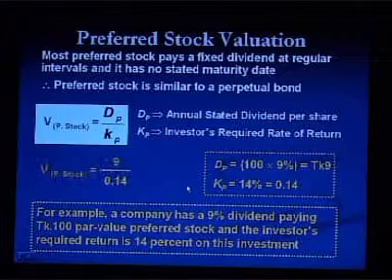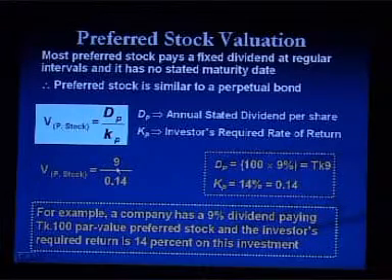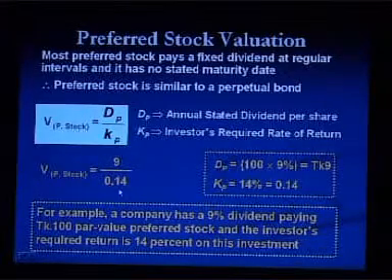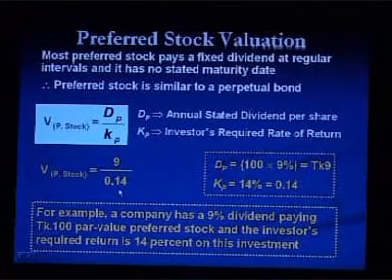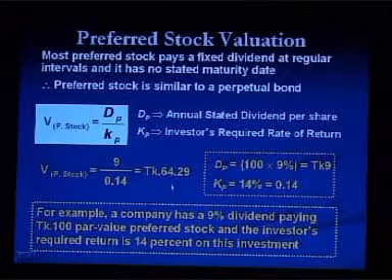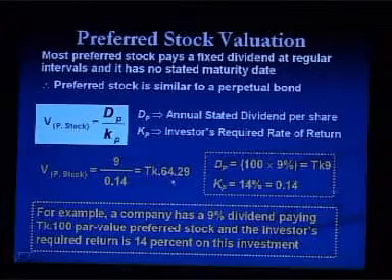Now, in the formula we can put the values here, that is dividend per share 9 and required rate of return 0.14, and the value of the preferred stock will be taka 64.29.